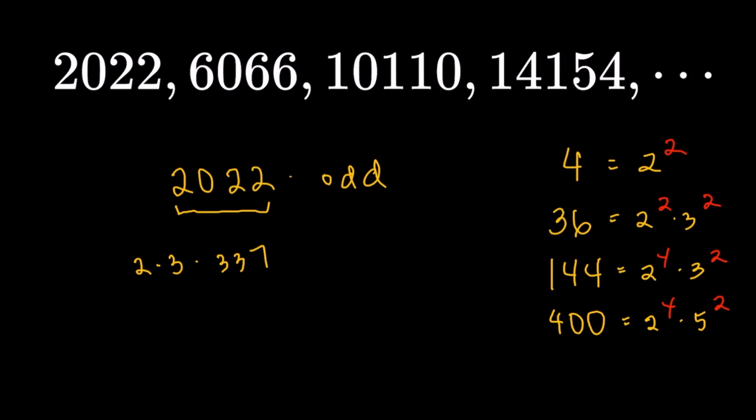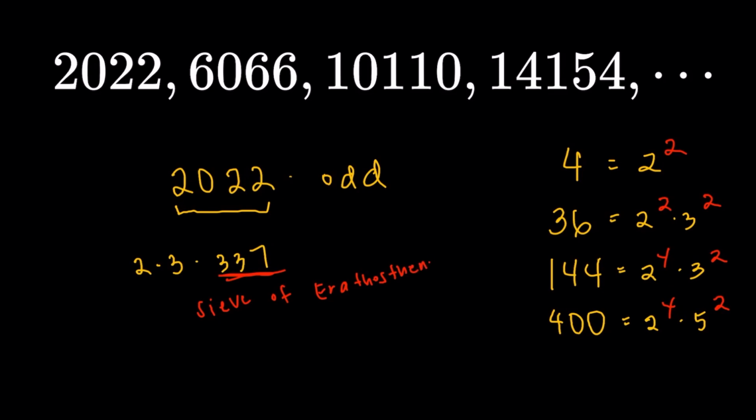Now, for 337, it might take a while to verify if it's prime or composite. But you can use the sieve of Eratosthenes to simplify this. The sieve of Eratosthenes tells you that you just have to check prime numbers less than or equal to the square root of 337.